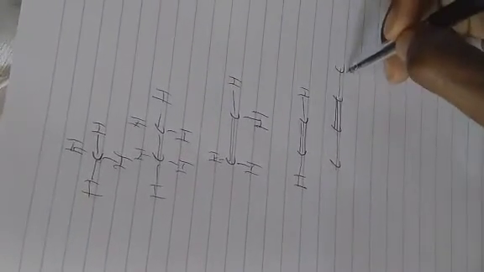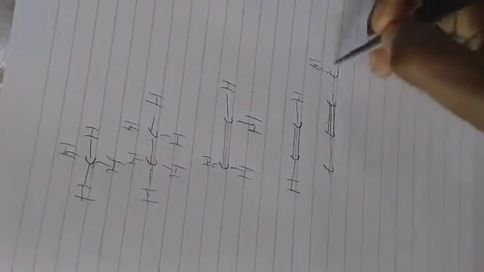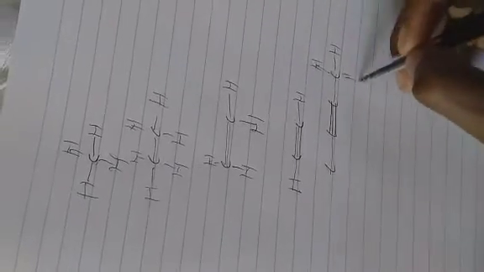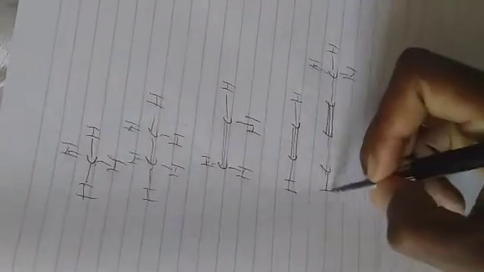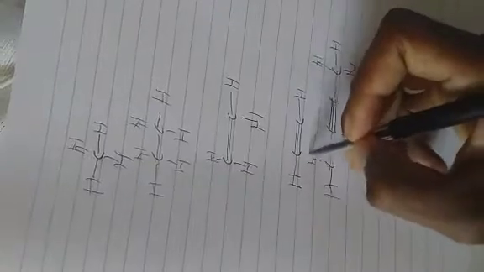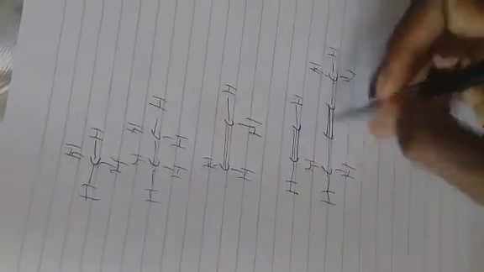Here you are still left with 3 bonds. You have your H, your H, and your H, and this is enough. Then that is your structure. Okay, that's it. Alright, that's it for alkene.